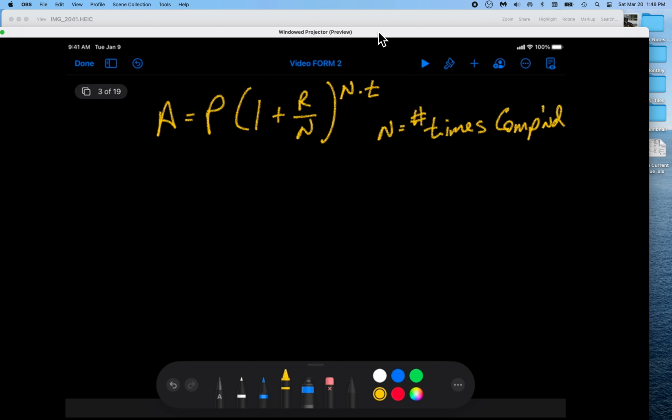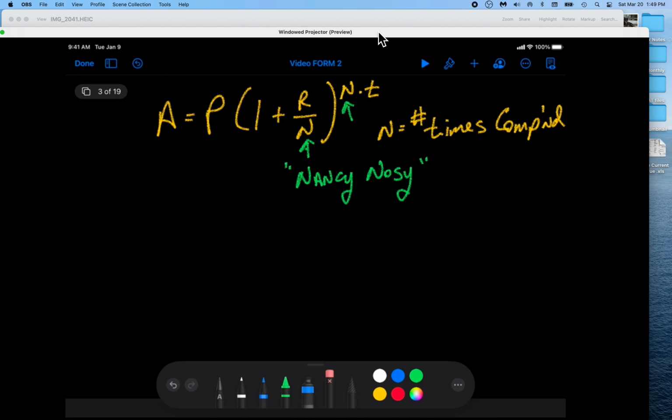Now, the way I memorize this formula is that N stands for Nancy, and Nancy is very nosy. She likes to get involved. So she is listed twice. The rate is listed once, the time is listed once, but Nosy Nancy gets listed twice.